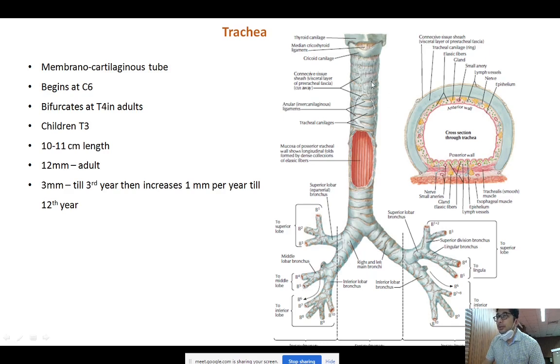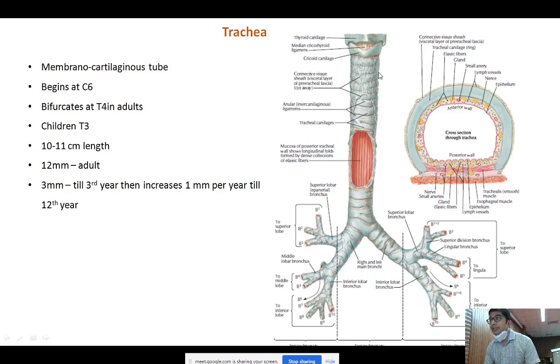It comes down. The length is about 10 to 11 centimeter, and it bifurcates at the level of T4, thoracic 4 vertebra. In adults, in cadavers, you see it bifurcates at T4, but in standing position and in a live person, it can go up to the T6 level. Usually we say that it bifurcates at T4 level.